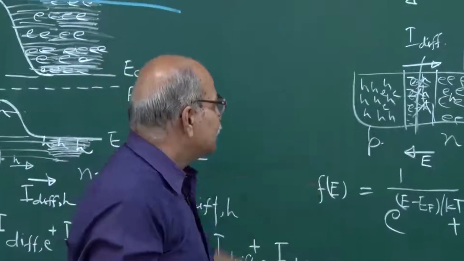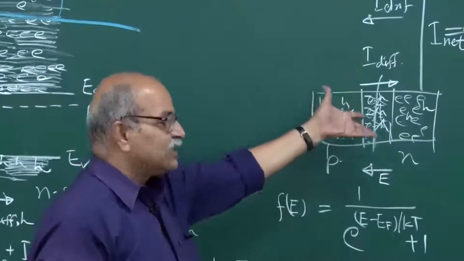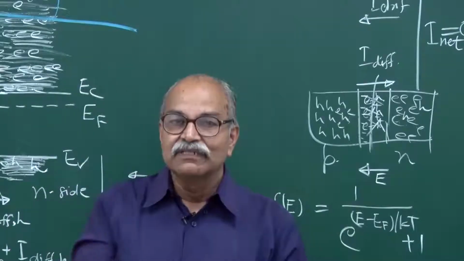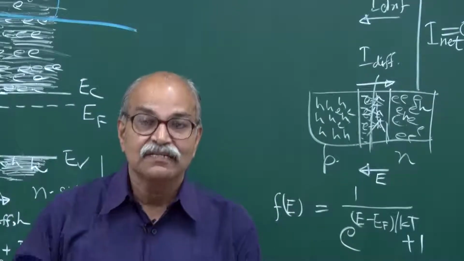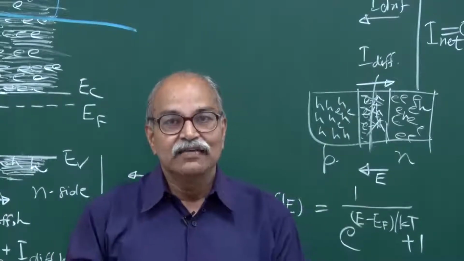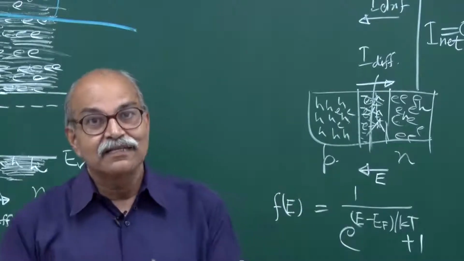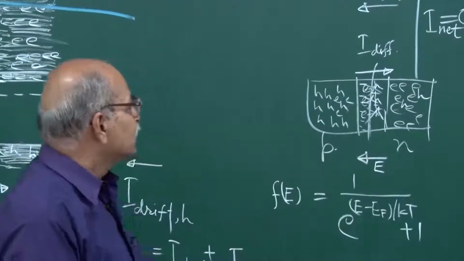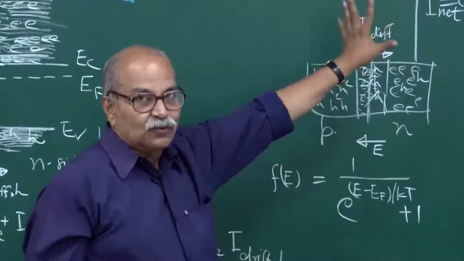I will not go into that, but it is happening. And then because of majority carriers, you have some kind of migration of charges. Then you have minority carriers, they are also contributing another kind of current, but the net total current is 0.